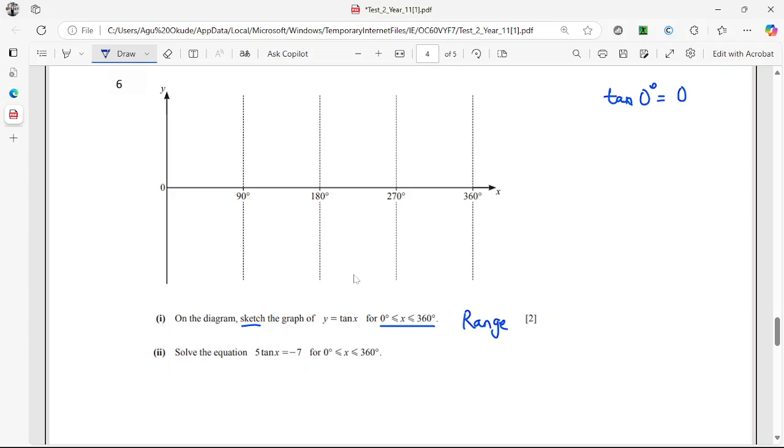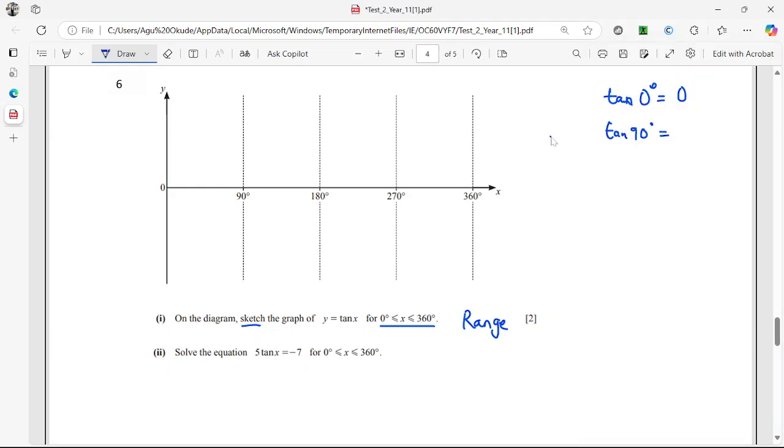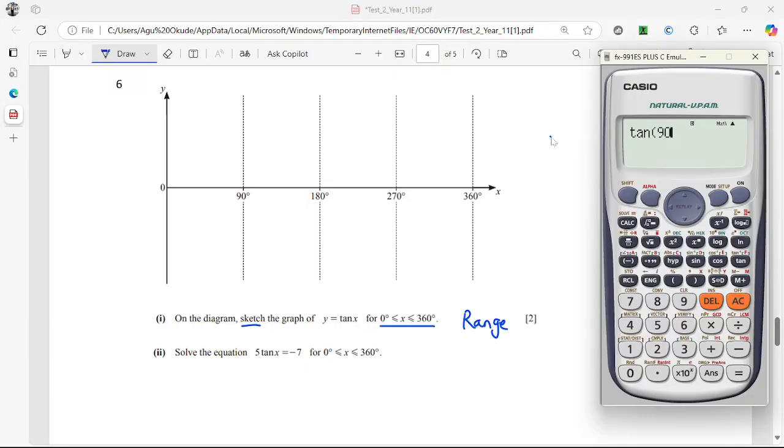Now I'm going to find the value of tan 90, because I'm sketching, so just do all this, please. So tan 0 is 0, then tan 90 is math error. Math error means it is undefined, that's infinity. Then I'm going to look for tan 180 degrees, which is 0.